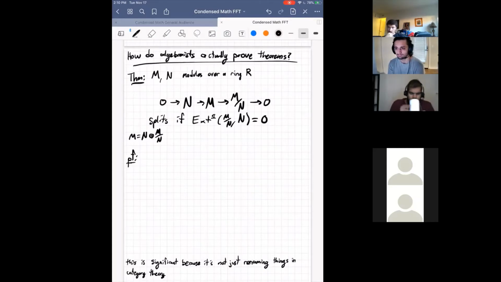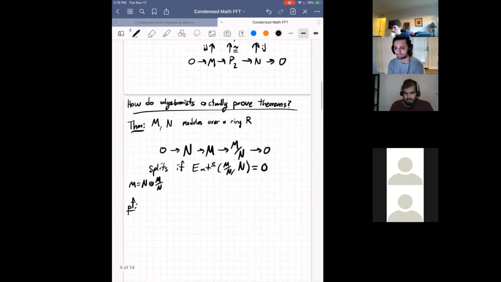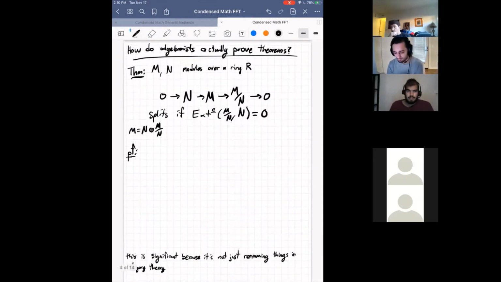And so how do you prove this? How do algebra people prove this? Well, they don't actually have Ext defined in the way that I just defined it. They have it in something slightly different, which is a long exact sequence. So let's do the long exact sequence. What are we going to do?